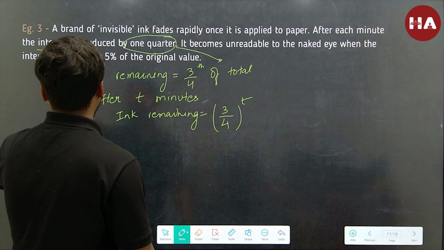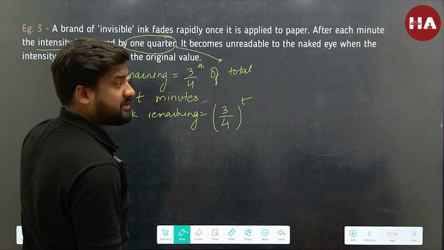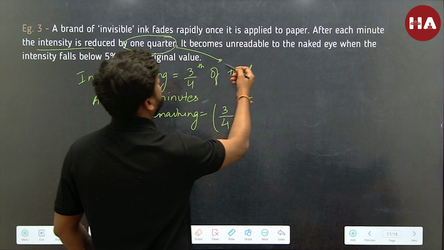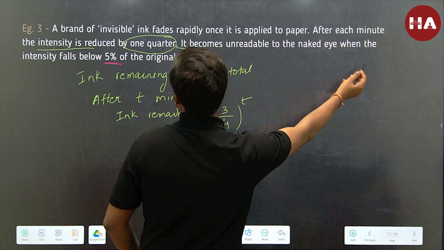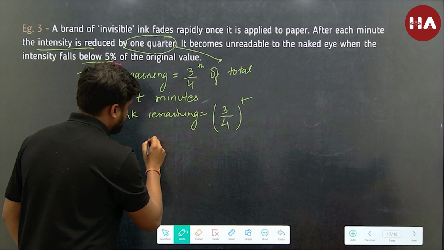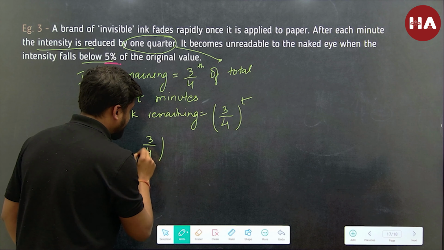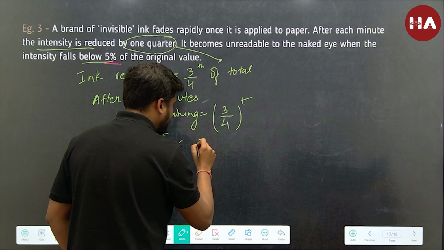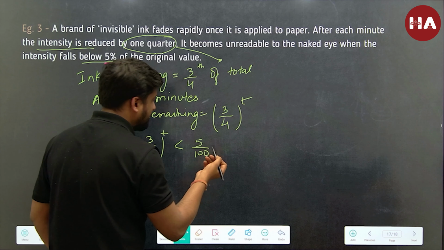And the threshold is 5%. It becomes unreadable to the naked eye when the intensity falls below 5%. So (3/4)^t is less than 5%, that is 5/100.